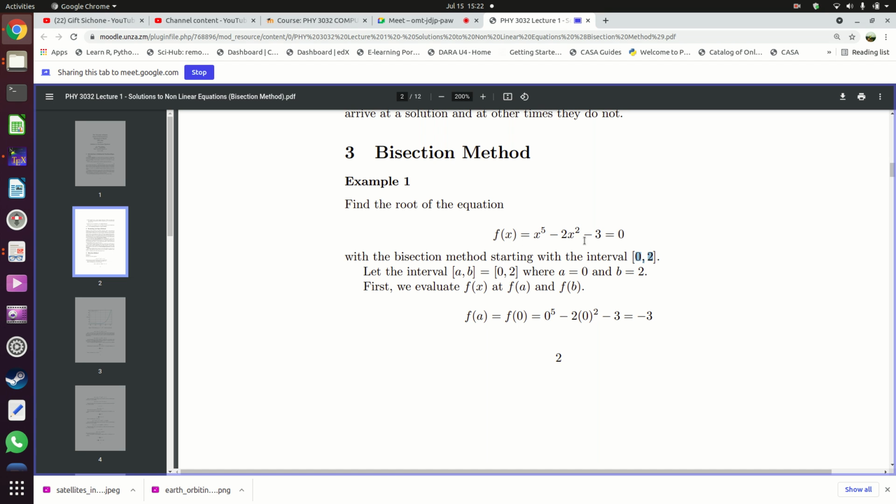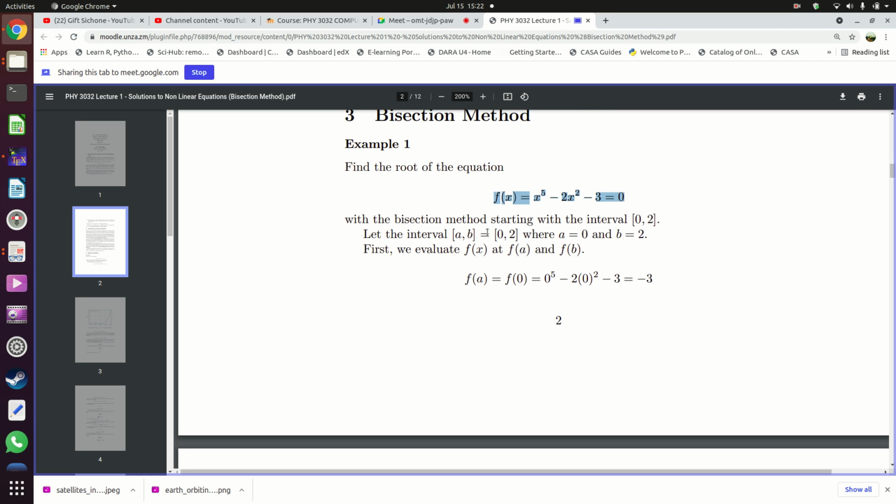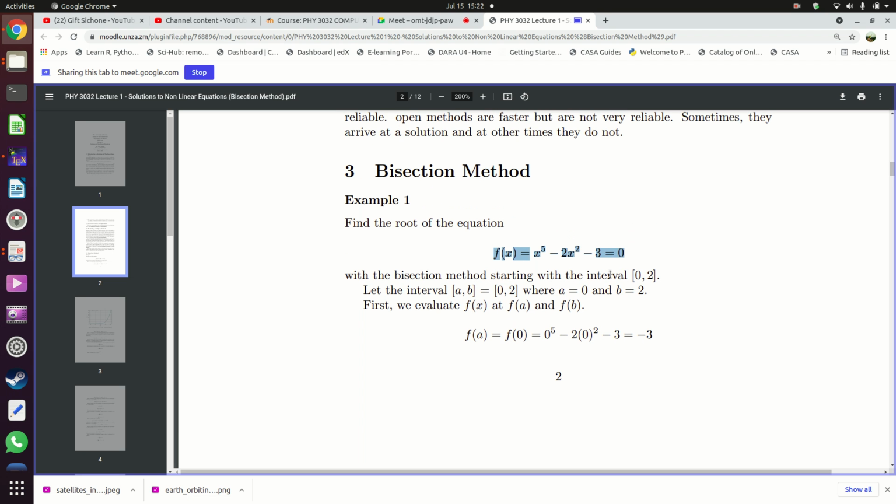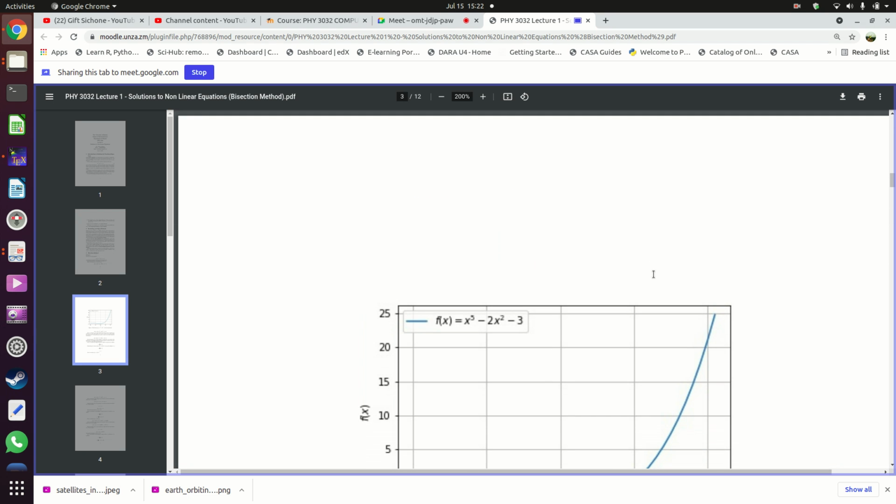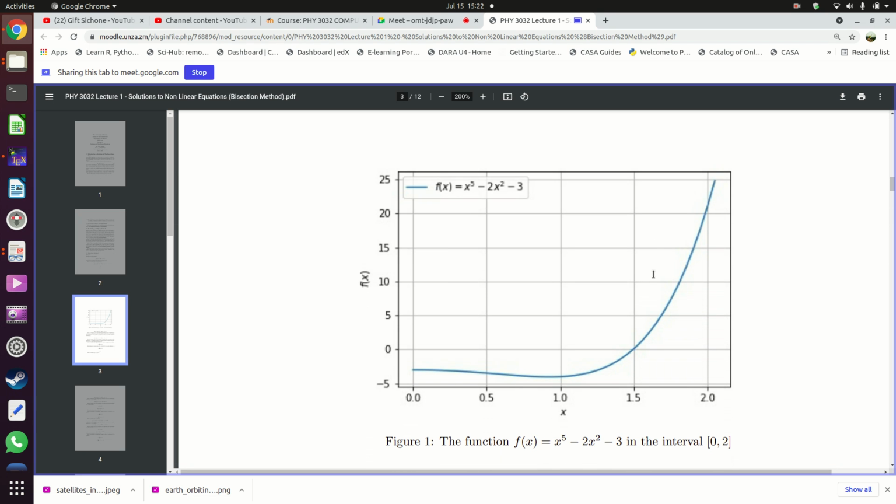With what we have done with matplotlib and how to plot graphs like that, we can actually have a look at what this particular function looks like in this interval 0 to 2. When you do that, this is what you have. This is the function you're looking at: f(x) = x^5 - 2x^2 - 3.